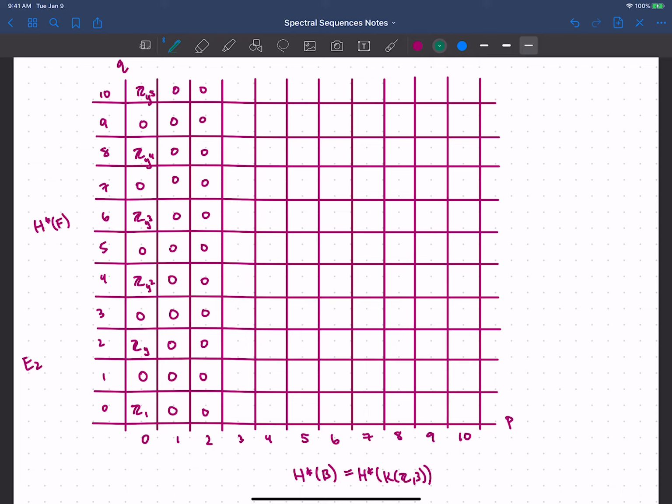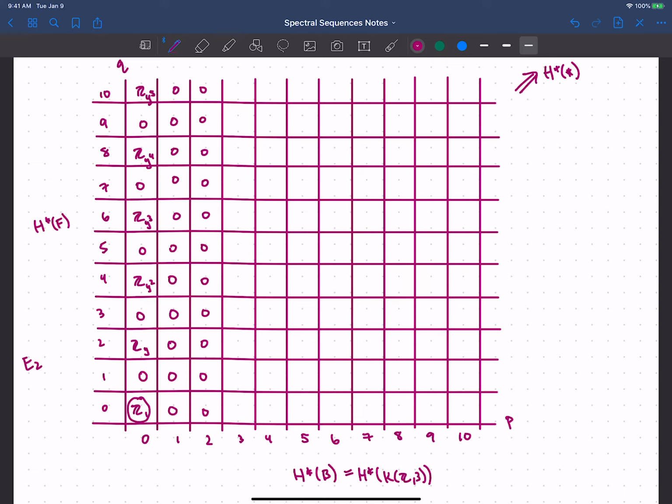Okay, so the first step is to start to kill things off, because we know that we should be converging to the cohomology of a point. Sometimes I find it helpful to draw that off in the corner, to remind myself what I'm converging to. So everything needs to die except this first copy of the integers.